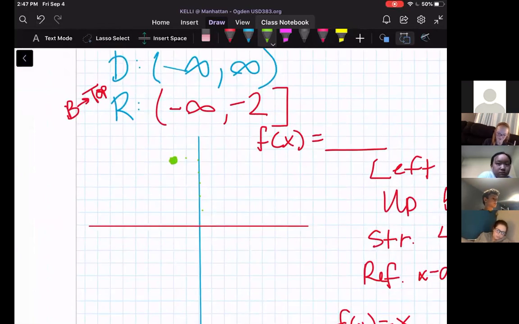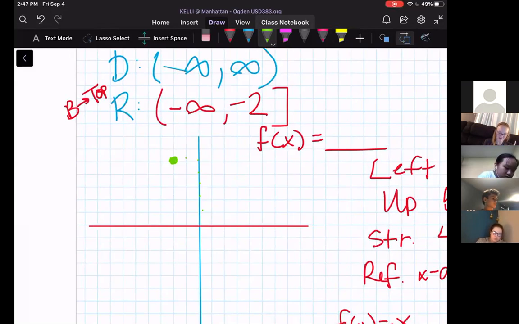If I'm stretching by 4, am I getting steeper or flatter? What do you guys think? Steeper. Yeah, a bigger slope gives me a bigger hill to ride my bike on.